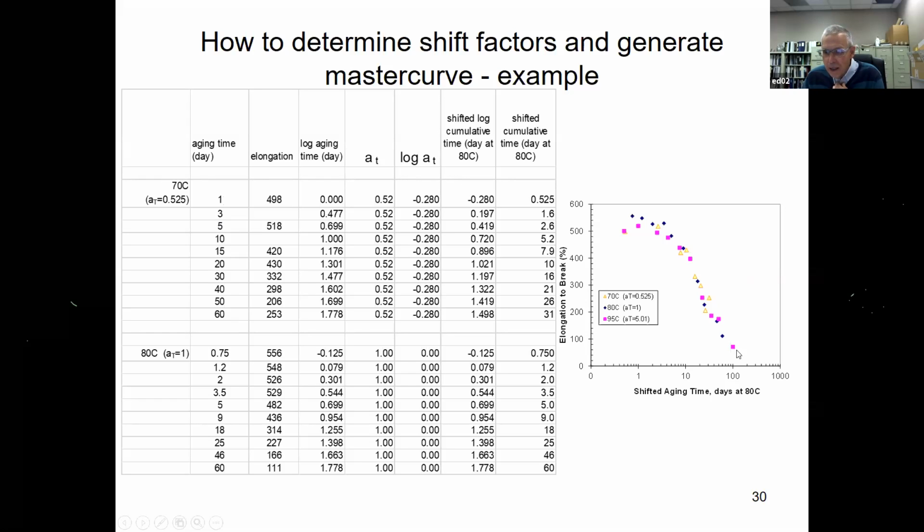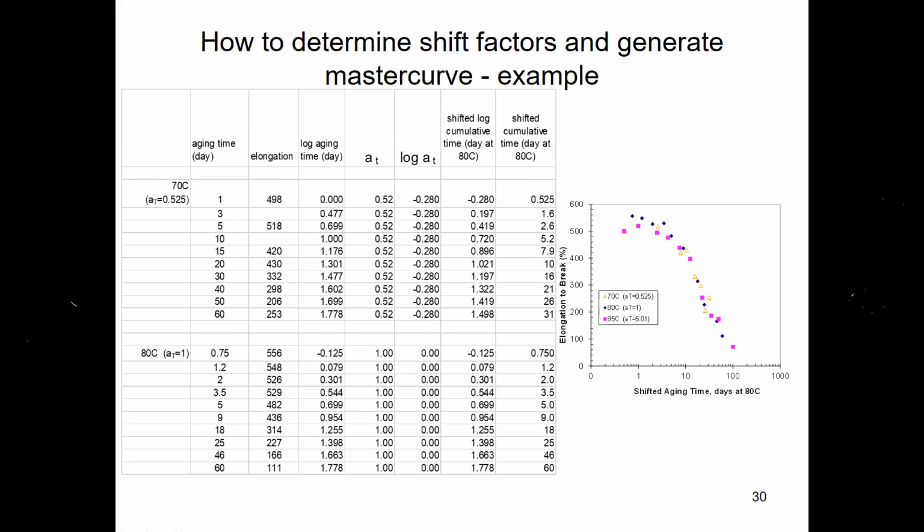And now we're plotting the elongation to break data versus this transformed time. So now we call this the shifted aging time at 80 degrees C. I think that explains it. Yes, that is how we are going to get that.